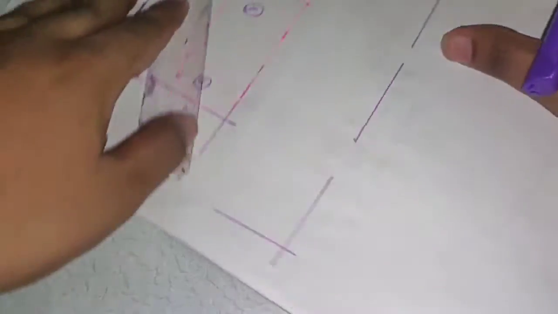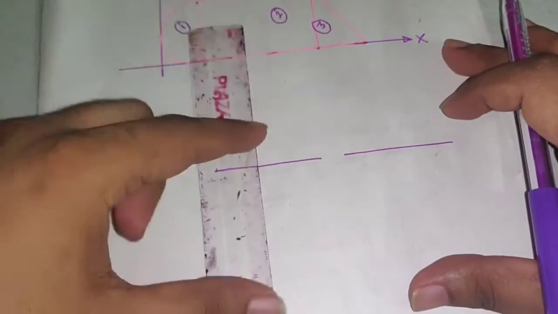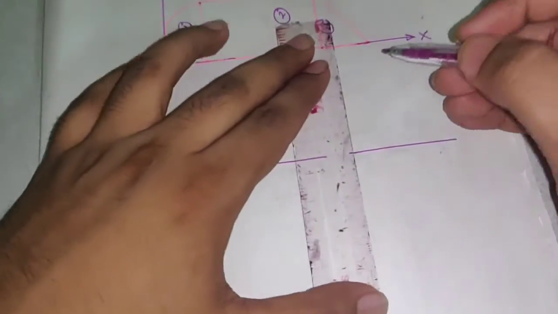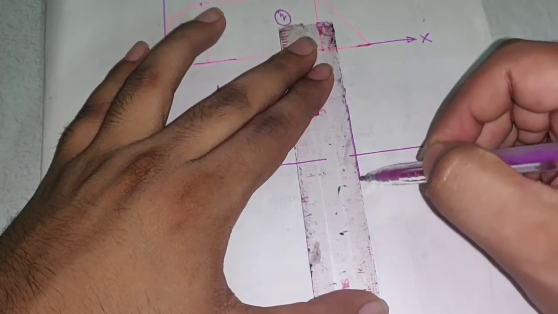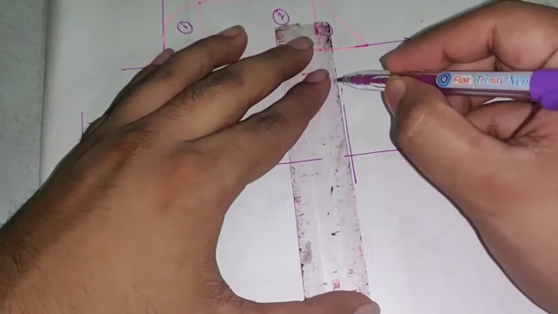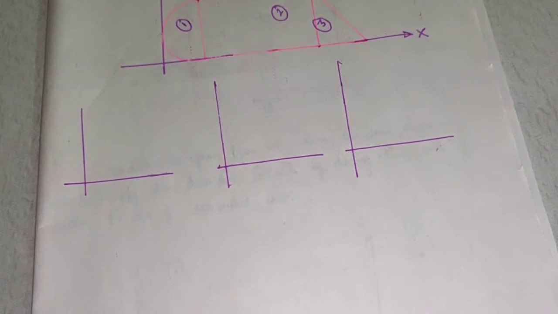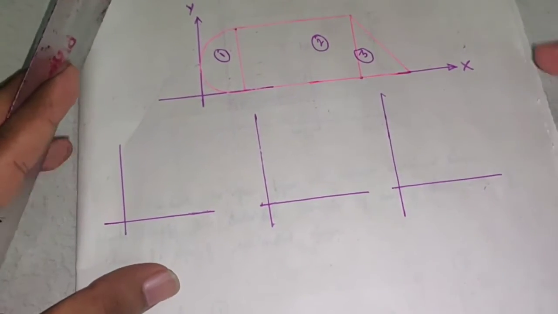The purple line you see indicates the reference axis. Where is this first shape?